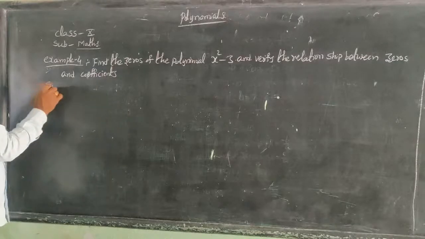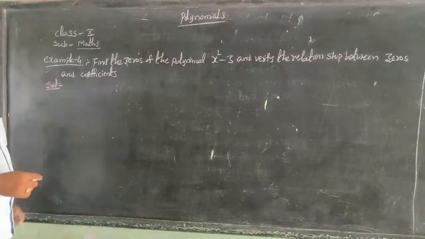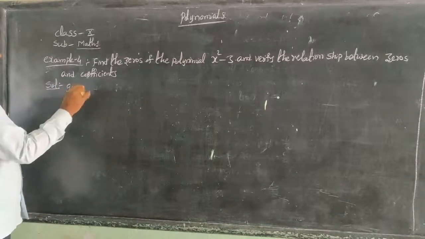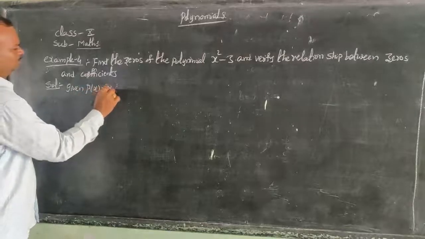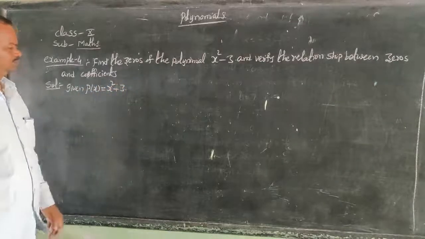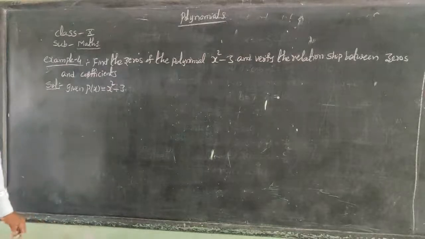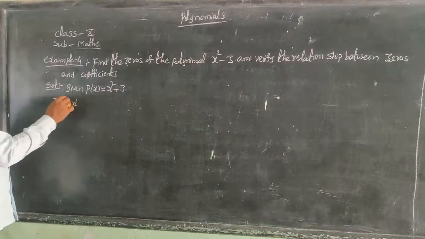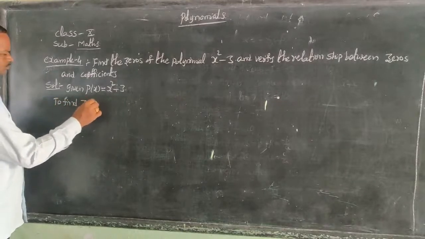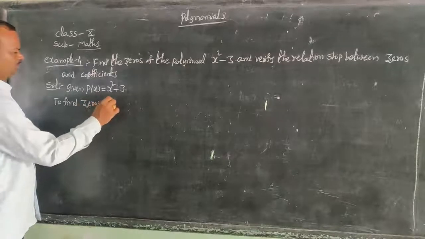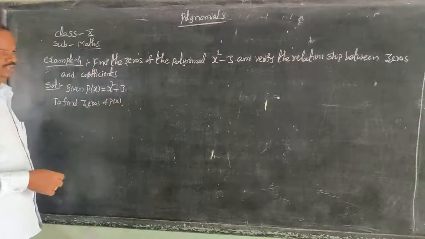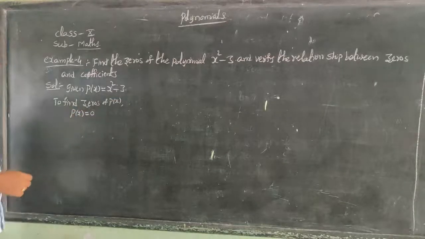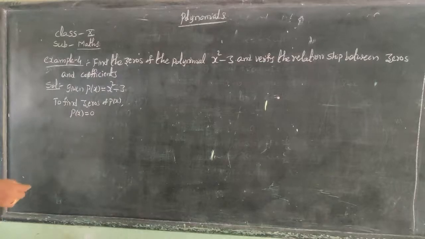Here the solution is: given polynomial p of x is equal to x square minus 3. To find the zeros of p of x, put p of x equal to 0.